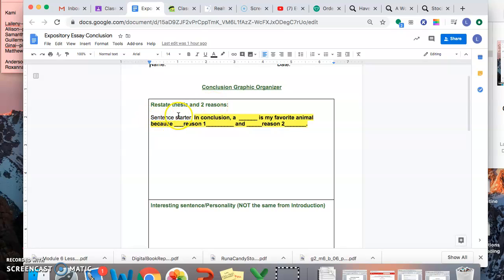So here's your sentence starter. In conclusion, a blank is my favorite animal. Again, this animal is the same animal you've talked about since your introduction. It's not changing, okay? So a bear is my favorite animal because whatever you said was your first reason in body paragraph 1, and then whatever you said was your second reason in body paragraph 2.